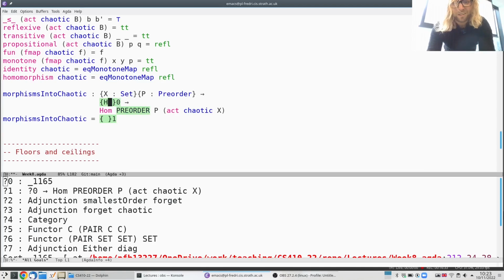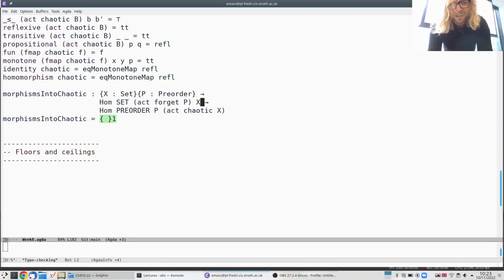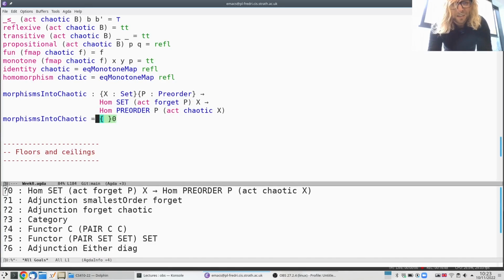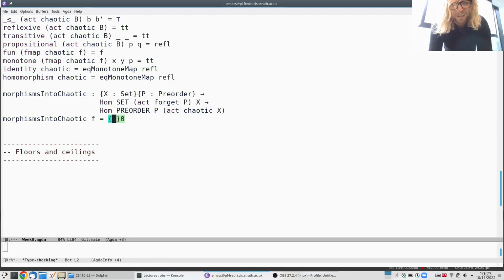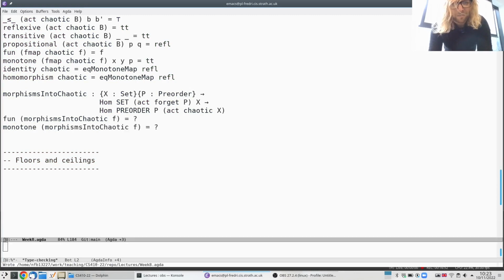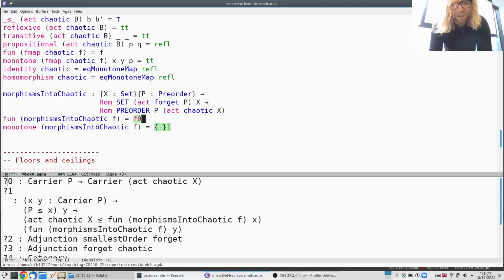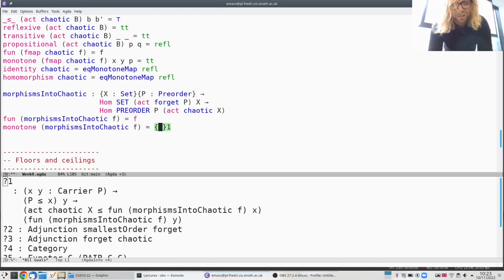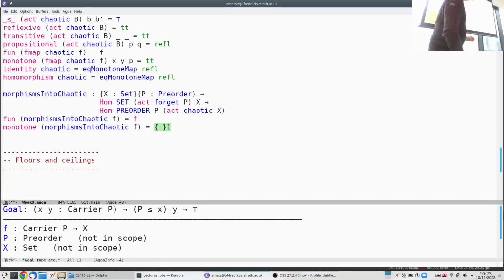So there should be a morphism in Set from the carrier of P, which is forget P, into X. Okay, so if I have such an F, then I can make a morphism, use the F, and then here take a proof which says that X is less than Y and produce a proof of true, right? I think I can do that.